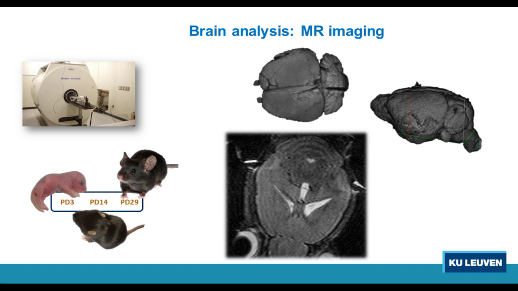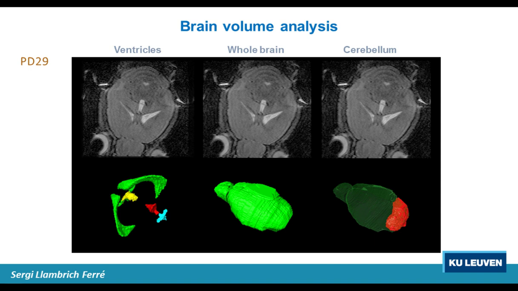Just to say something on what we can get with MRI: we scan them from when they're really, really small, 3 days after birth, when the mice develop until adulthood at 29 days of age, and we get this typical MR image. From this one MR image, and that's what our PhD student Sergi is doing, we can do different types of analysis.